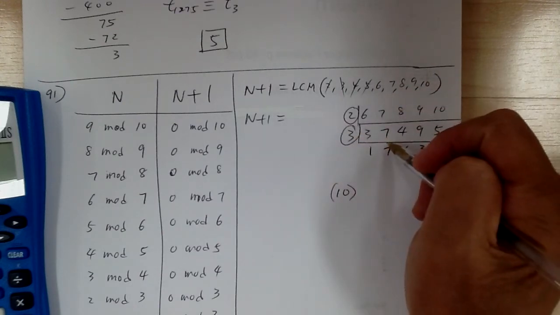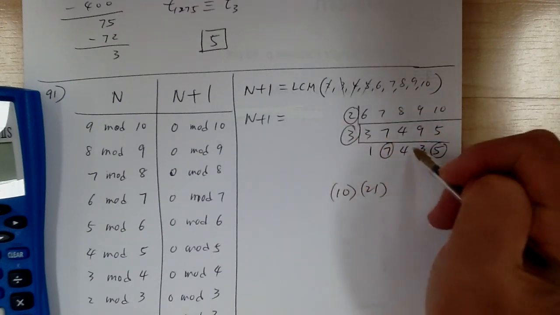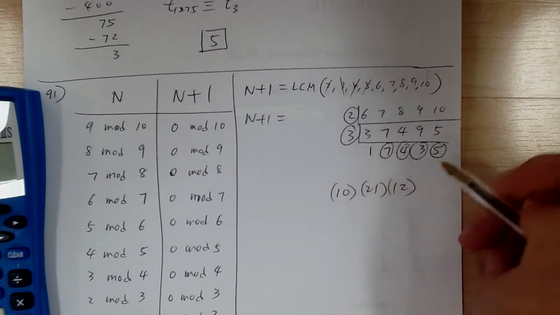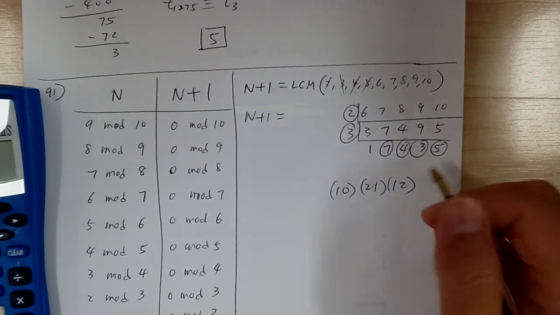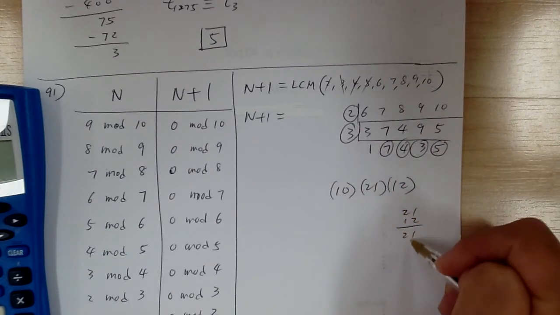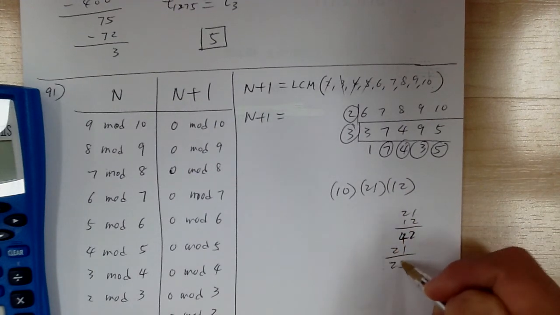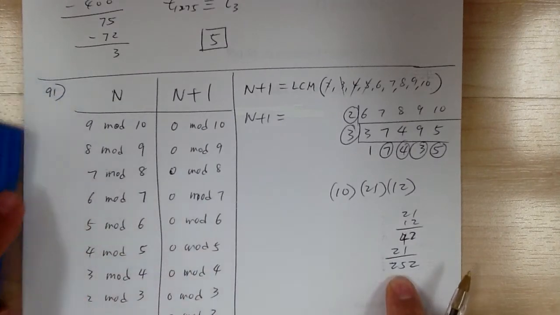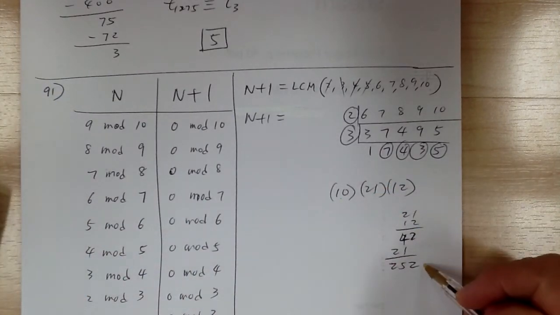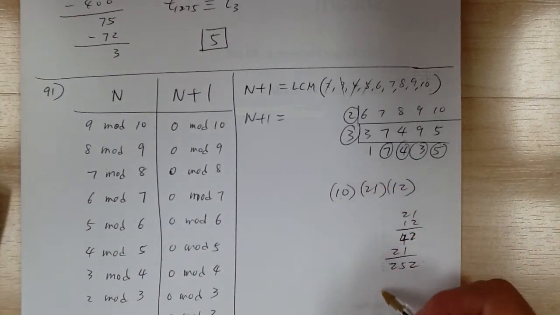So this would give me 21, and this would give me 12, okay? And you can multiply this together, so 21 and 12 gives you 252, okay? And then times 10 will give you 2520.